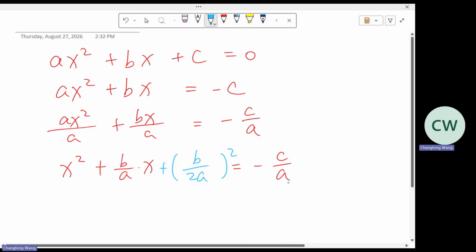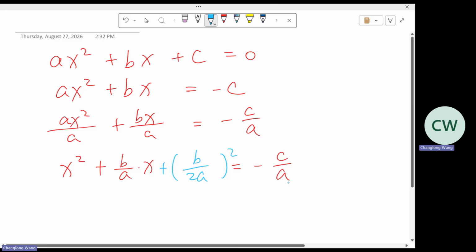You guys know what keep change flip is? Divided by 2 is equivalent. You keep the numerator, right? But change the division into multiplication of the reciprocal. That's what I mean, keep change flip. Keep the numerator, change the division into multiplication, flip this guy into its reciprocal, right? And that works out the same. So however you see it, it is b over 2a.